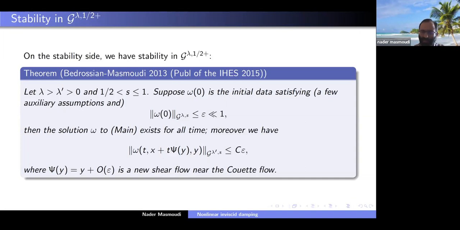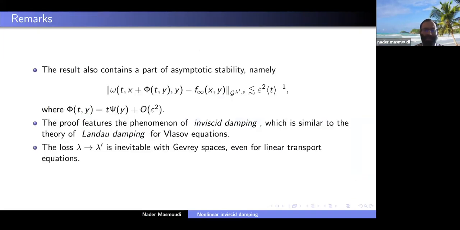It's a 100-page paper, and it also contains asymptotic stability, meaning that your vorticity, written again in the right coordinate system, will converge to some final profile.